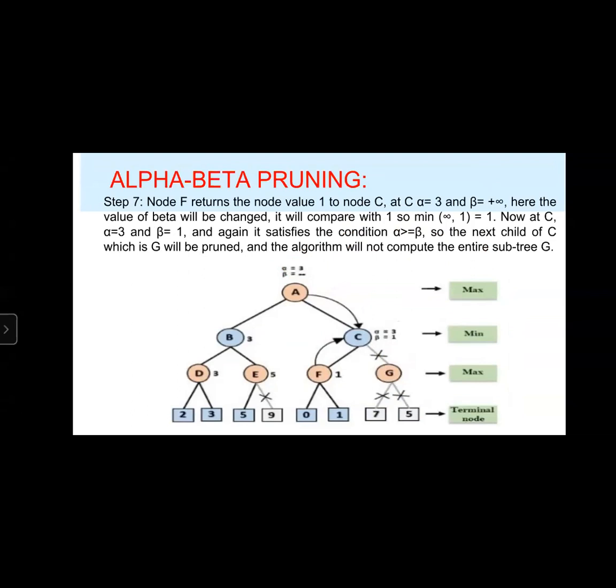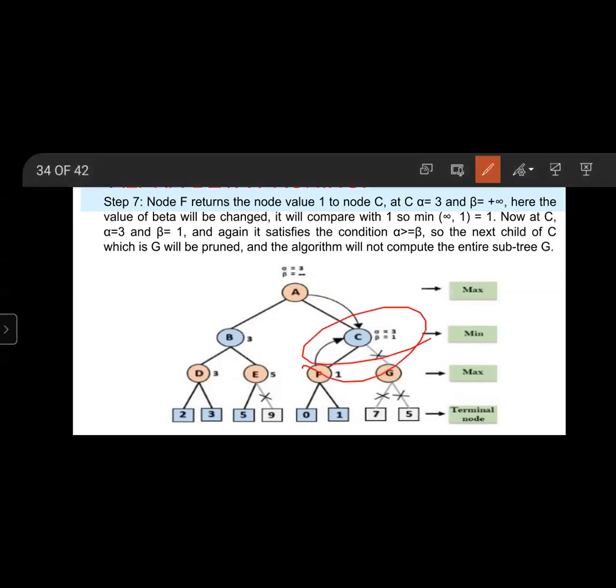Next, step 7. Node F returns the node value 1 to node C. At C, alpha equals 3 and beta equals plus infinity. Here the value of beta will be changed. It will be compared with 1, so minimum of infinity comma 1 equals 1. Now at node C, alpha equals 3 and beta equals 1, and again it satisfies the condition alpha greater than or equal to beta.